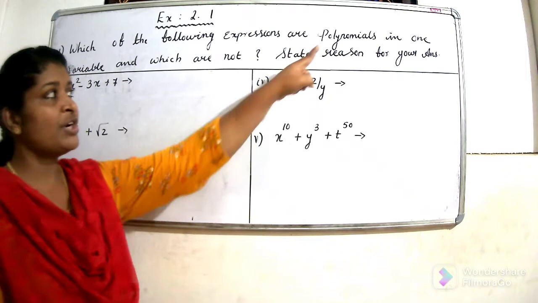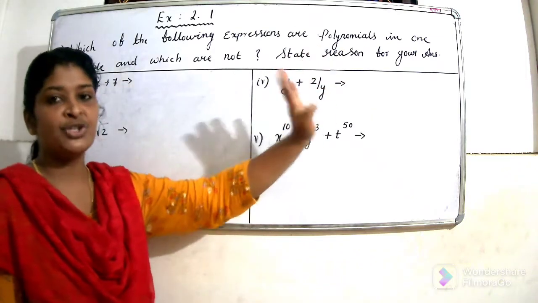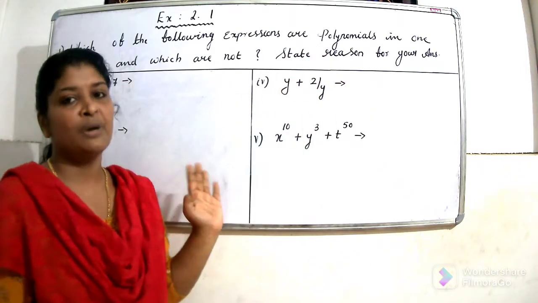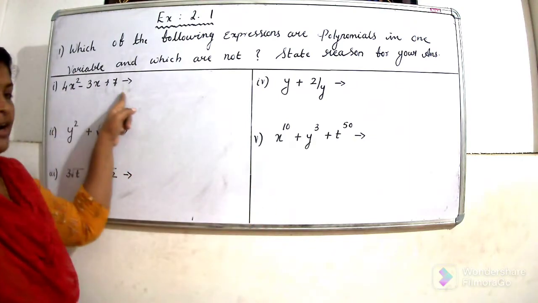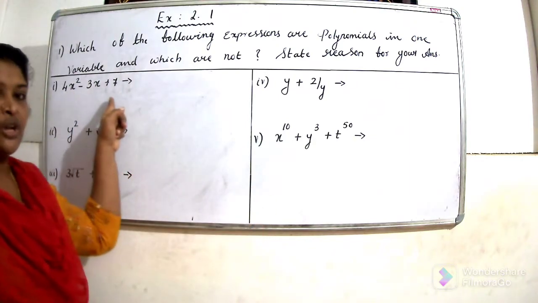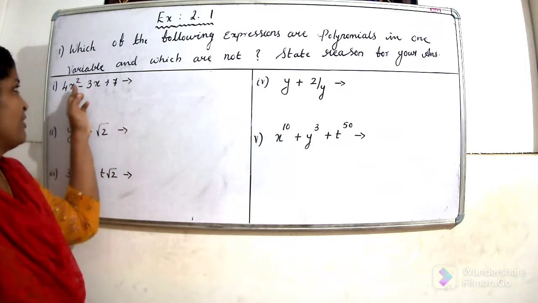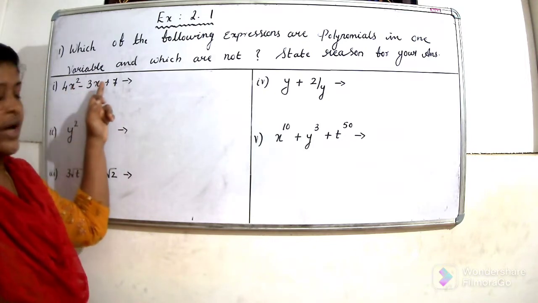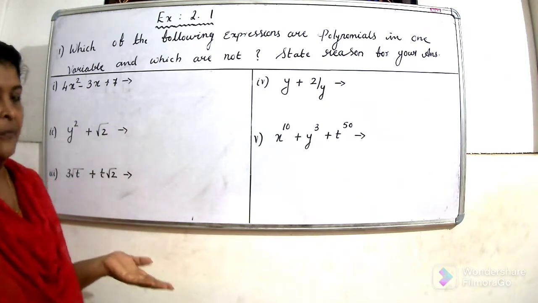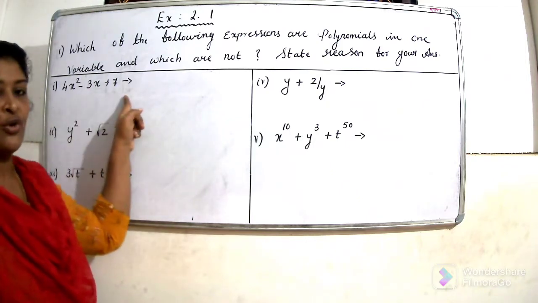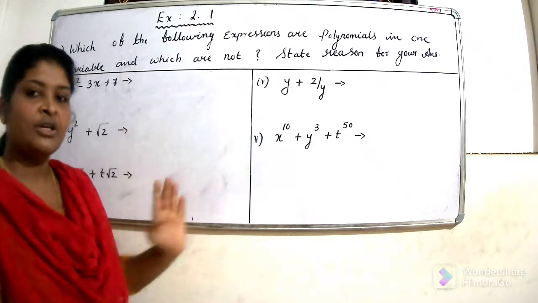Second thing, what is the condition for a polynomial? The powers should belong to the whole number category. That means it should be a whole number. So here it is one variable because x is the only variable, and the power is 2. Here the power is 1. So that means it is a whole number. So we can say this is a polynomial in one variable.